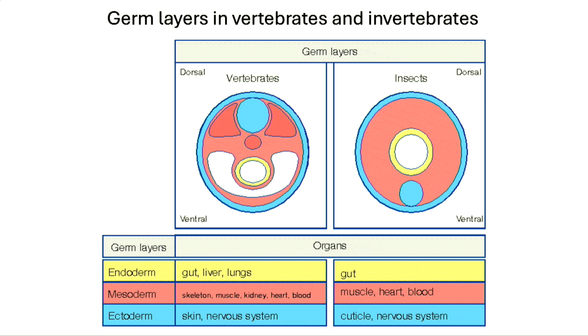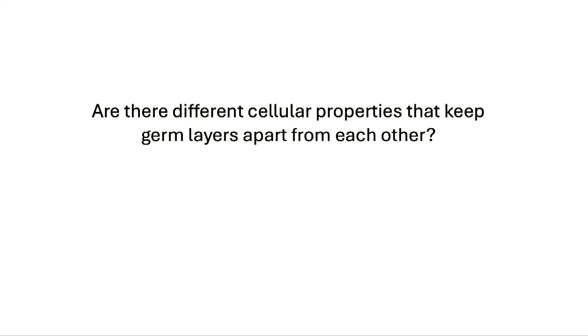In vertebrates, the nervous system is on the top, on the dorsal side, and in insects, the nervous system is on the ventral side. The endoderm, which is present internally, gives rise to the gut, liver, lungs. The mesoderm, which is next to the ectoderm, gives rise to broadly the muscle and heart and so on, such tissues.